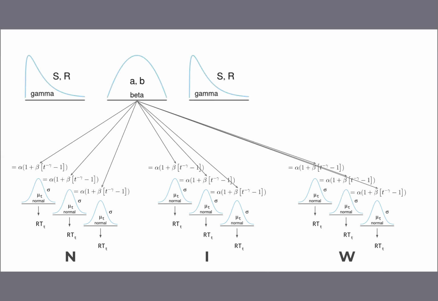And I think this graph is trying to show us that all of the beta parameters in different conditions and different words are using the same beta distribution, AB, right? And then similarly, on the left, you have this gamma for alpha, and on the right, you have this gamma for gamma.